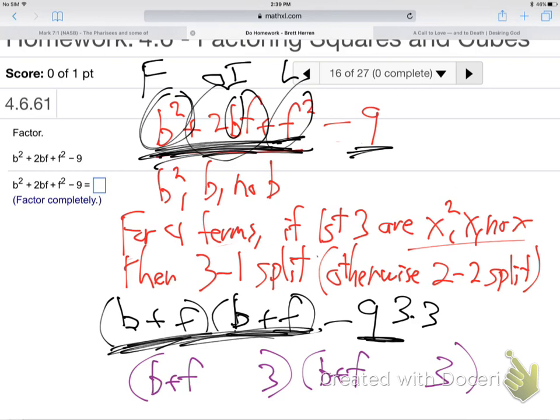And 9, which is 3, 3, because that came from the right. And in the middle, 1 plus, 1 minus. Done. All the horses are corralled. Did you track with all that? So that was a 3-1 FL instead of a 2-2 because the first three were B squared, B, no B. They fit well together.